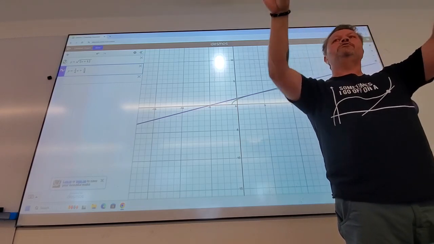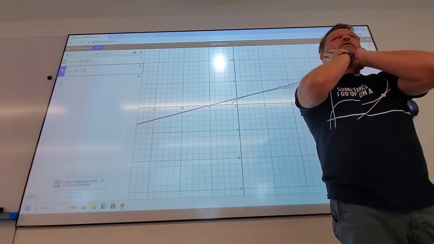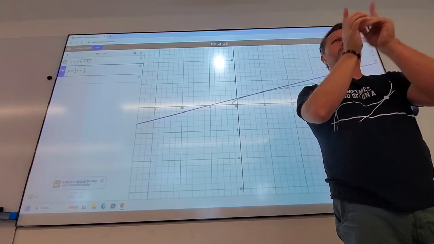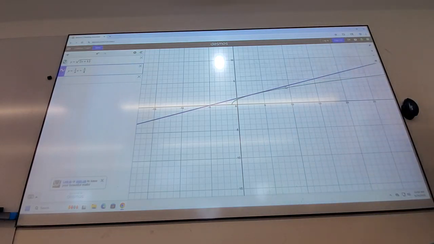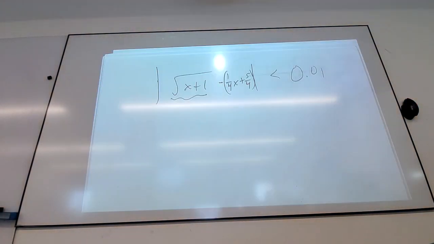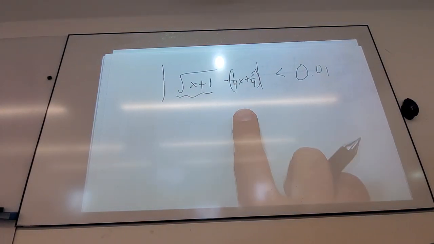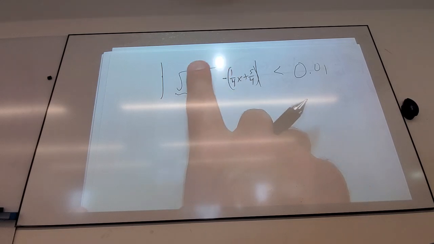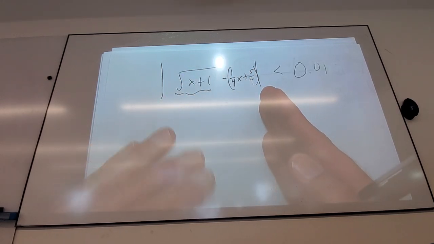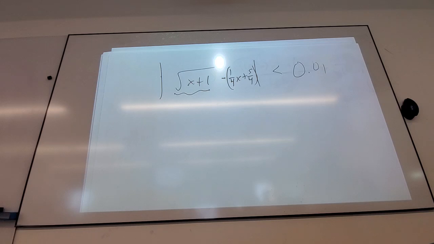And so here's how you get that. I could do this on the graphing calculator, because you're not necessarily going to have Desmos. Okay, you guys know how to do this, forget everything else in here. I've got the absolute value of stuff is less than 0.01. How can I rewrite that?